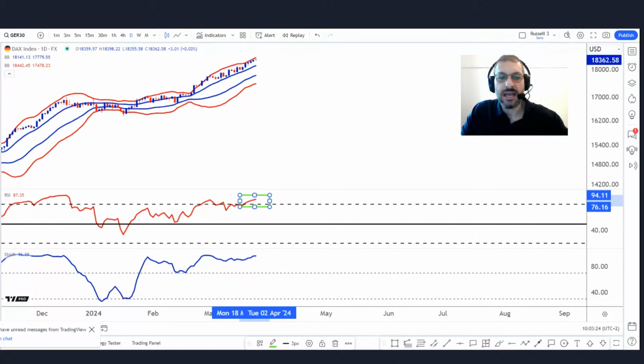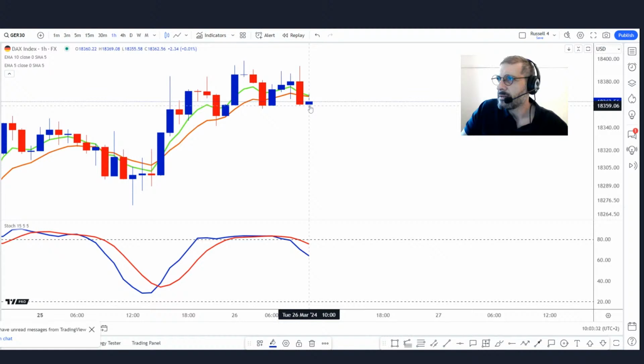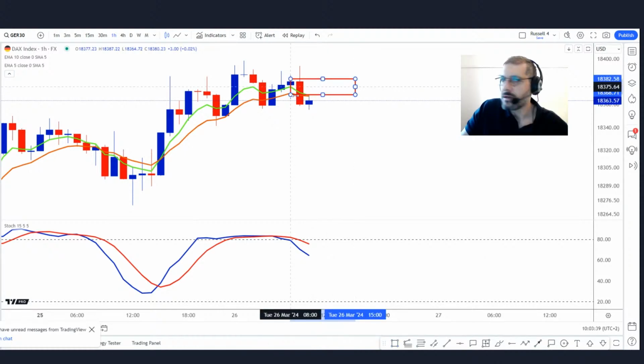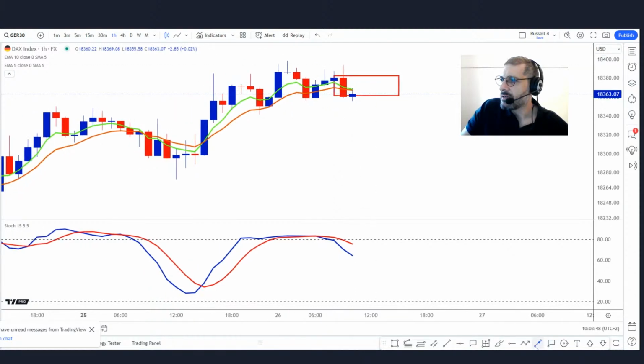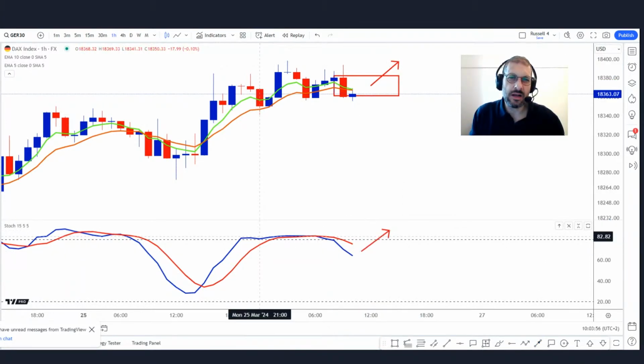If we take a look at the hourly chart here, it does look as if the hourly chart's rolling over. If we get a movement to the northeast, and the stochastic moves back into the upper quintile, then we would have a risk on day. Just bear in mind we are overbought on the DAX.